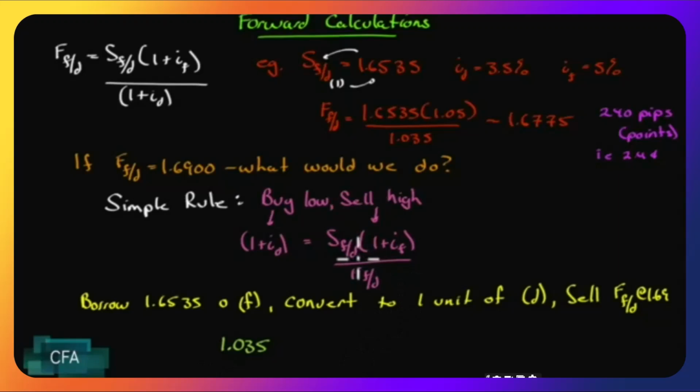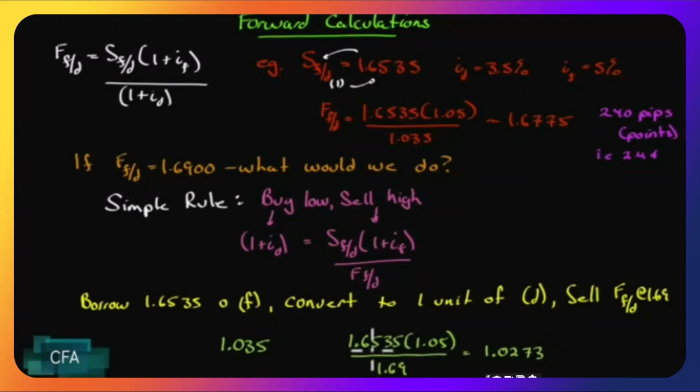But we've borrowed over here. We now need to pay off this loan. How much are we going to have to pay off? We borrowed 1.6535, and that is going to grow at 1.05. However, we have locked in the exchange rate of 1.69, which means we owe 1.0273 in our domestic currency.